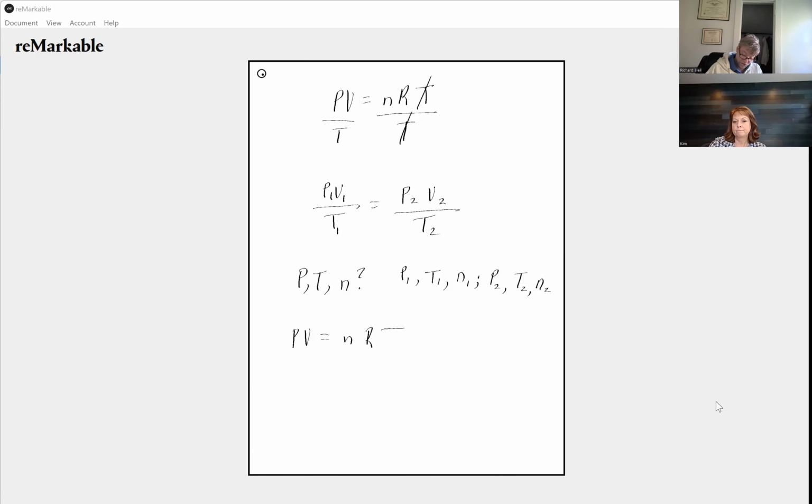Remember, all we need to do is get all of the unknowns on the left side and everything that's known on the right. So we know, for example, volume does not show up in our problem. So we can get rid of volume on the left side. We need to move the number of moles.